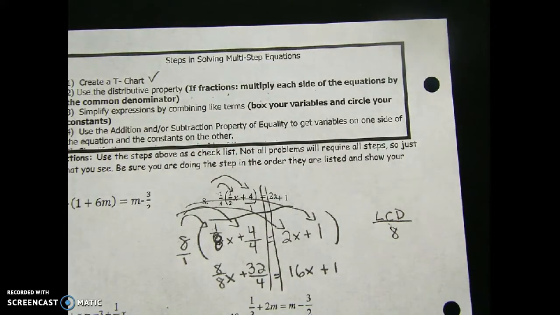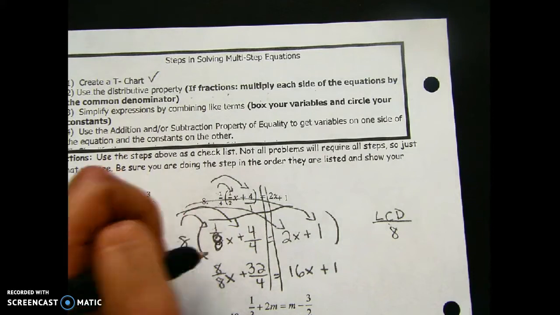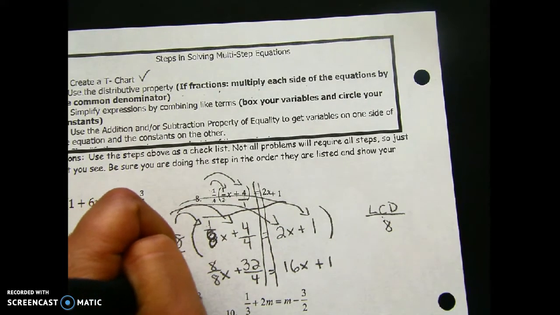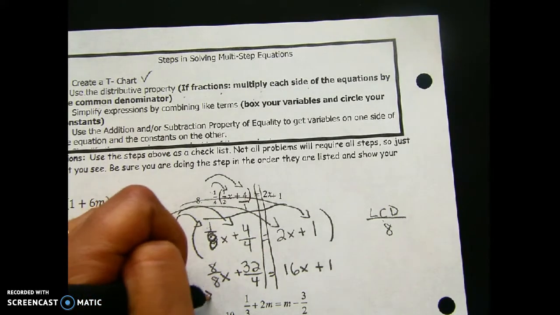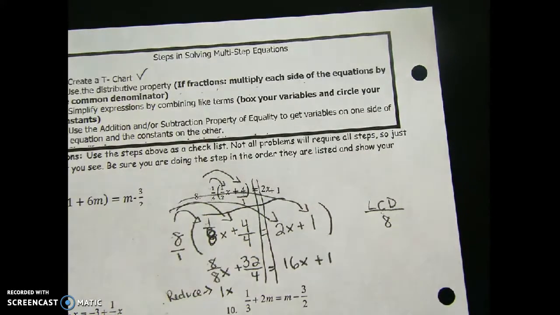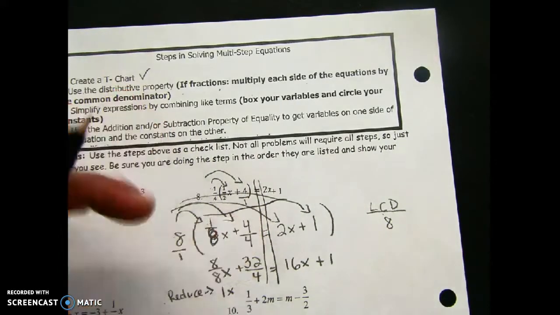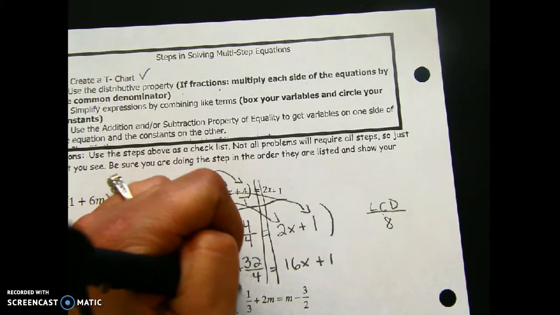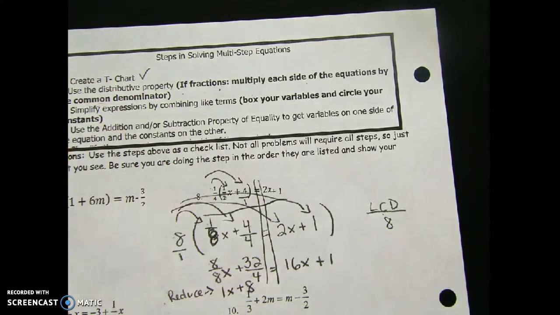Okay? Now I'm going to reduce. 8 divided by 8 is going to give me 1. Put my x. Here I'm going to have 32 divided by 4, and I'm going to get 8.